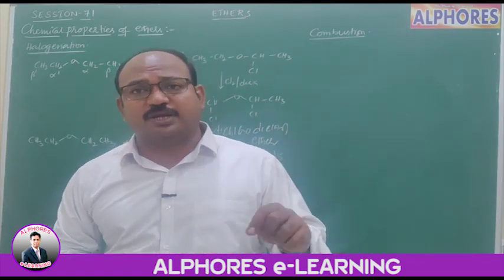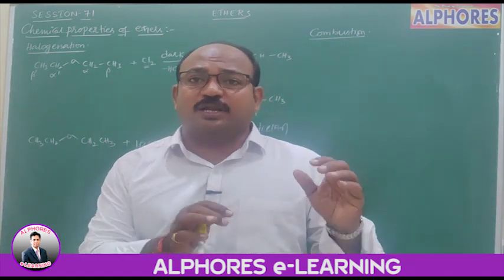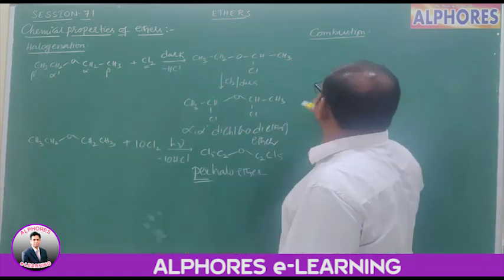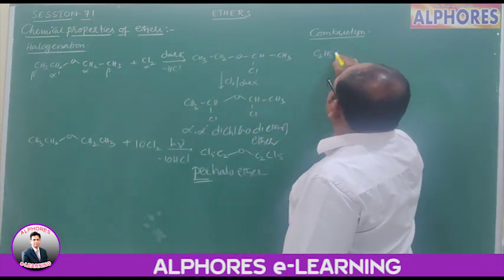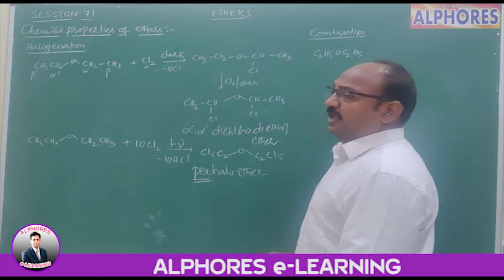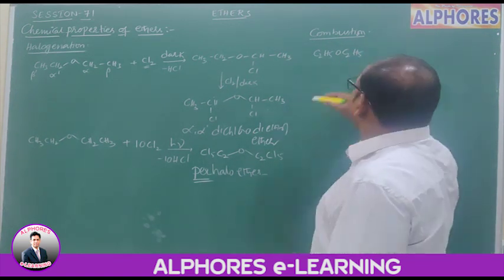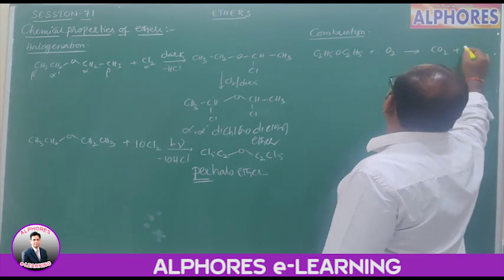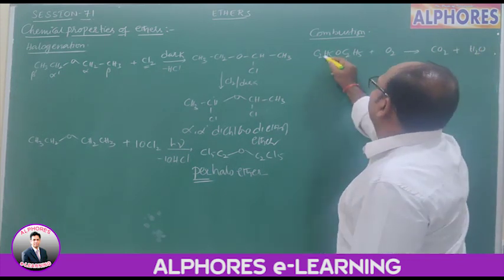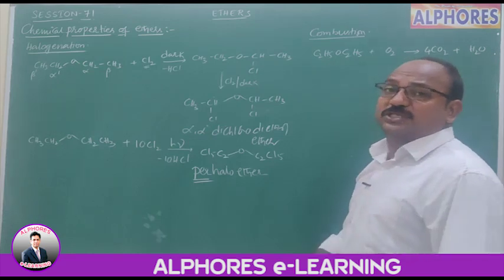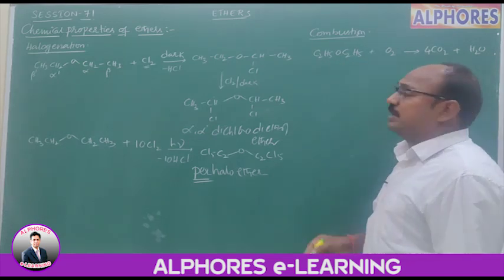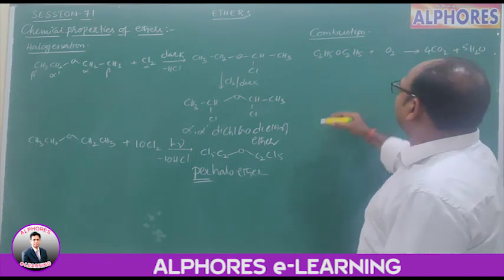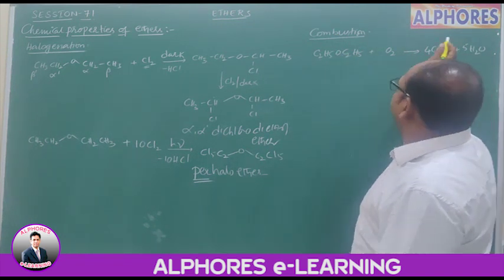The second one is combustion. As we know very well, all combustion reactions are oxidation reactions, because the reaction takes place in presence of excess oxygen. Just like alkanes upon combustion give carbon dioxide and water, ethers also undergo combustion to give carbon dioxide and water.